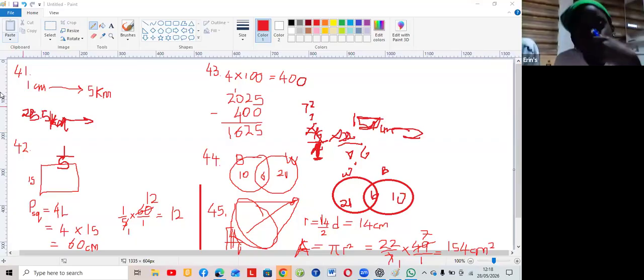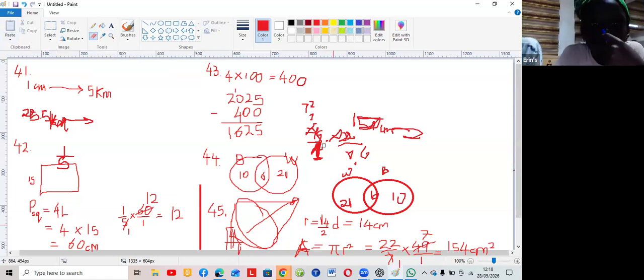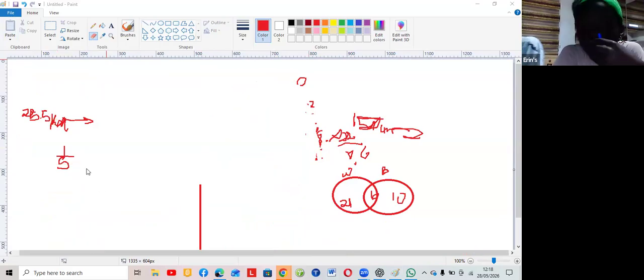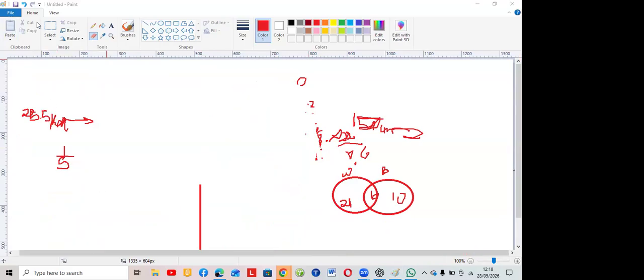It equals 22/7 times 49 over 1. No! 154 cm squared. I didn't clean it off.